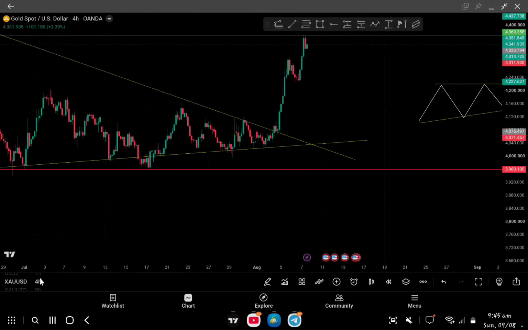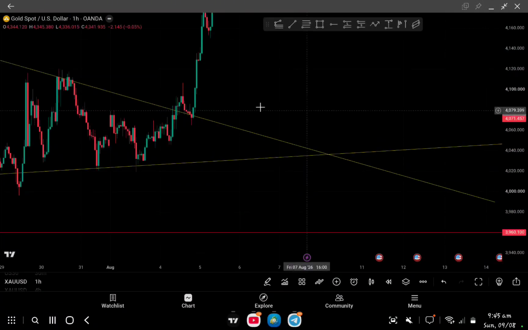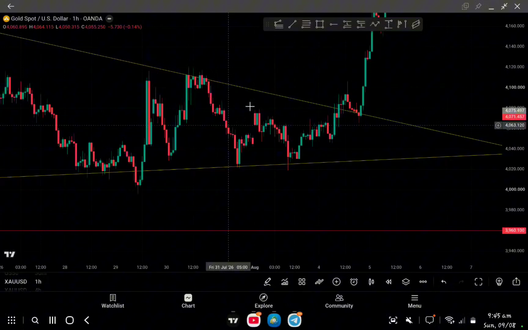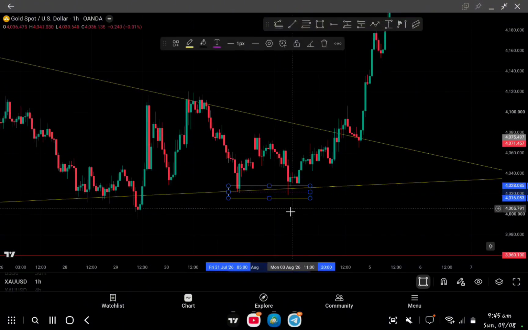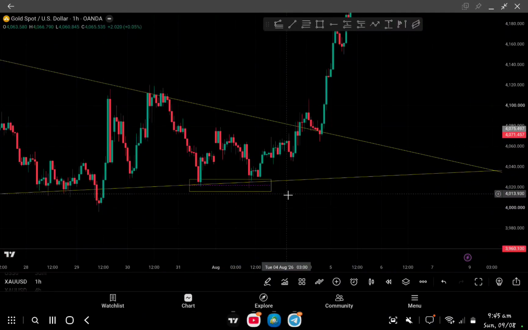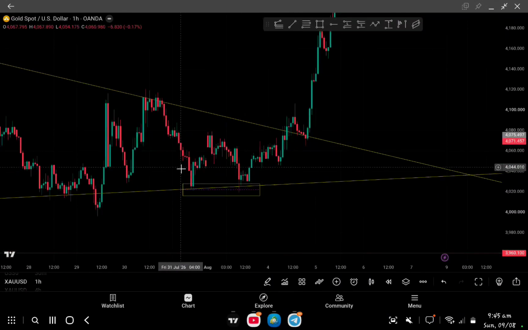So as you can see here, the market has touched this place, it can't break this place, so the market has an upward move or an upward trend.